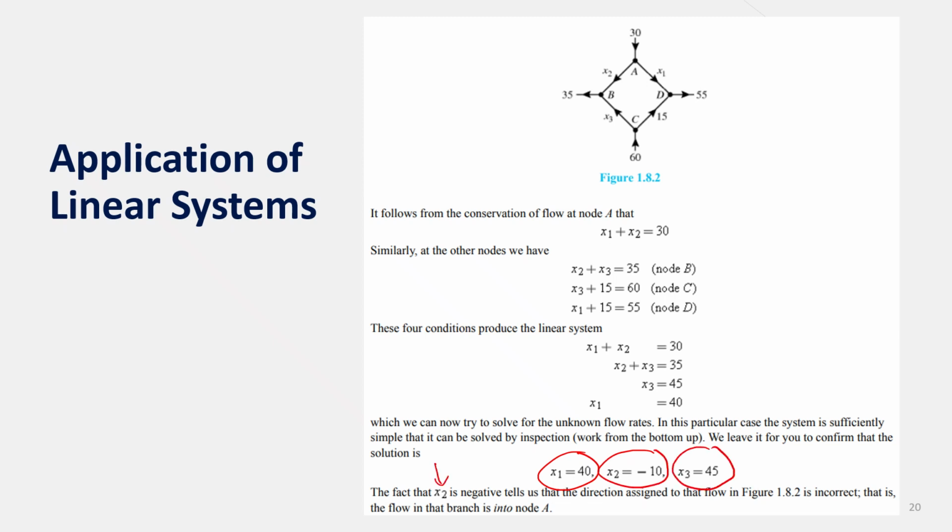Now, what does x2 being negative mean? It tells us the direction: the direction assigned to that flow is incorrect. That is, the flow on that branch is actually going the other way, some of it going here.